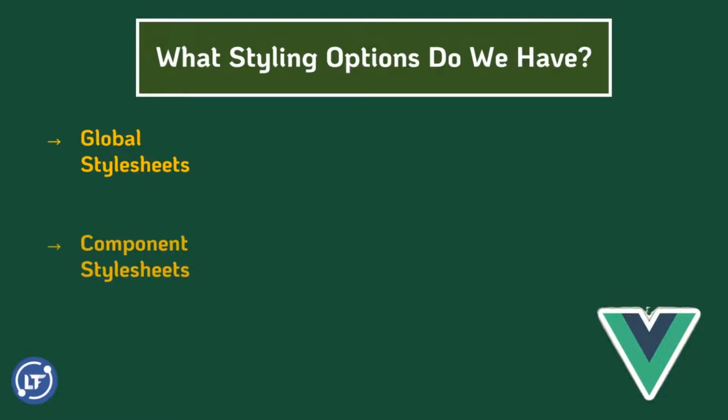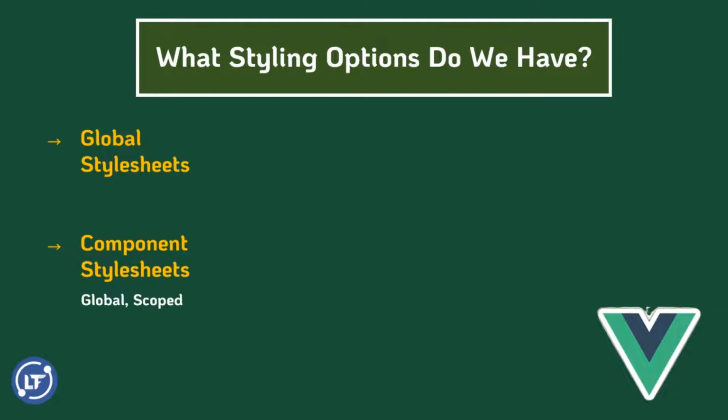Okay, and we have component style sheets. For component style sheets, we have two main options: the global, which is by default, and the scoped. Similar to the global style sheet, even if you have a component nested somewhere and you add a style to it, remember that in our component structure we have the template, the script, and then the style.